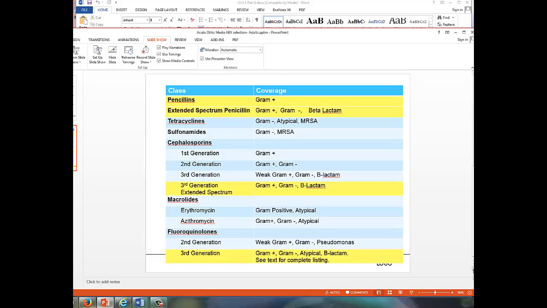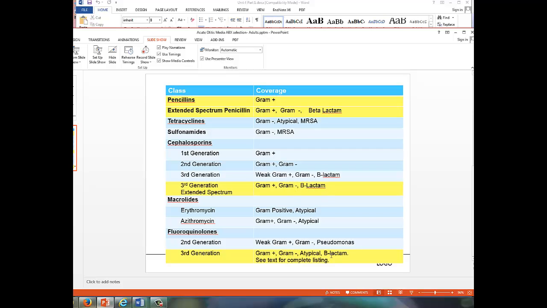Now, if you look on this list of classes, you'll see that every drug that covers beta-lactamase also covers gram-negative. So you can't really separate those two. Once you add on beta-lactamase, you're also going to get gram-negative with it.